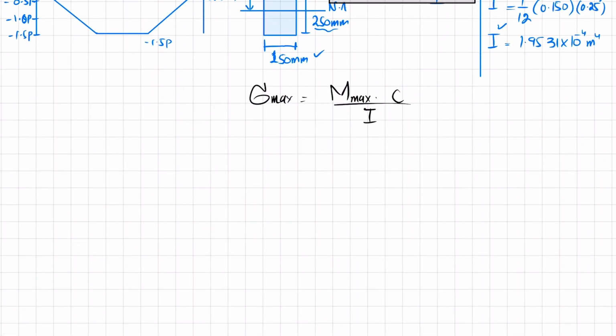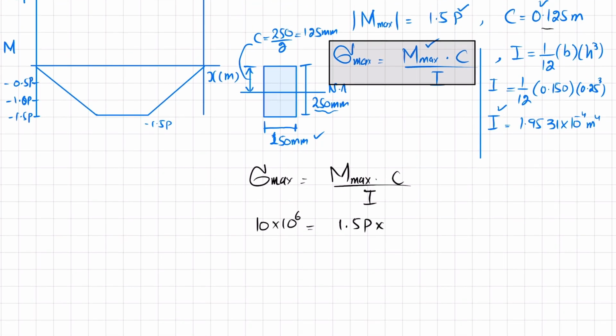So 10 into 10 raised to power 6 is equal to 1.5 times P, C is given as 0.125, divided by I is 1.9531 into 10 raised to power minus 4.